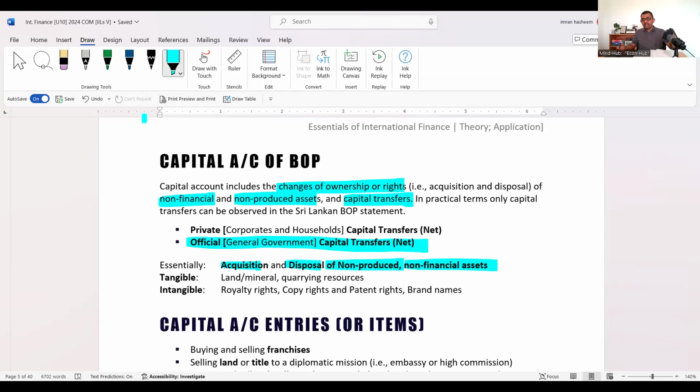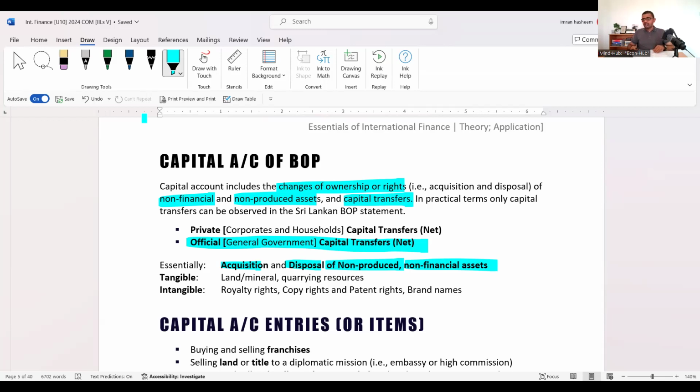Right. Then intangible, we have things like royalties, copyrights, patent rights, brand names, things like that. Okay, these are all things that are non-produced, non-financial, where for example, sometimes franchise kind of agreements, things like that, can all be captured here.